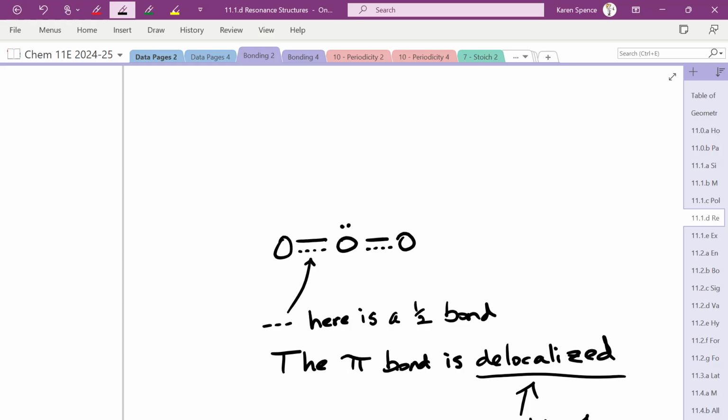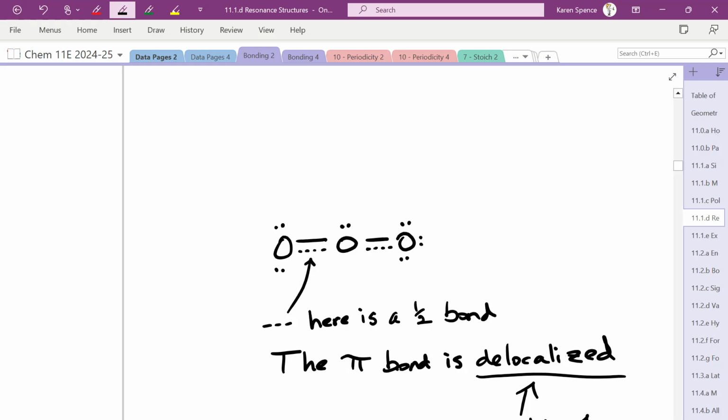Just put 2 and 2 and 2 and 2. Why can't we do that? Because then I don't have the right number of electrons. So where do I put the 2 and where do I put the 3 if I draw it like that?